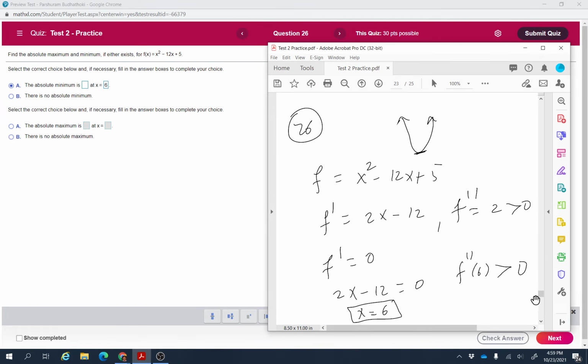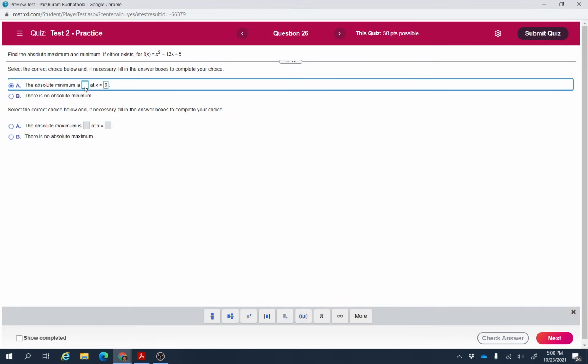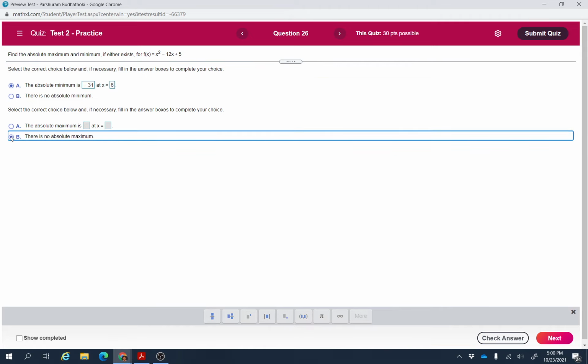It's 6 squared minus 12 times 6 plus 5, that is 36 plus 5 is 41, minus 72, which is negative 31. So the absolute minimum value is negative 31 at 6, and there is no absolute maximum value.